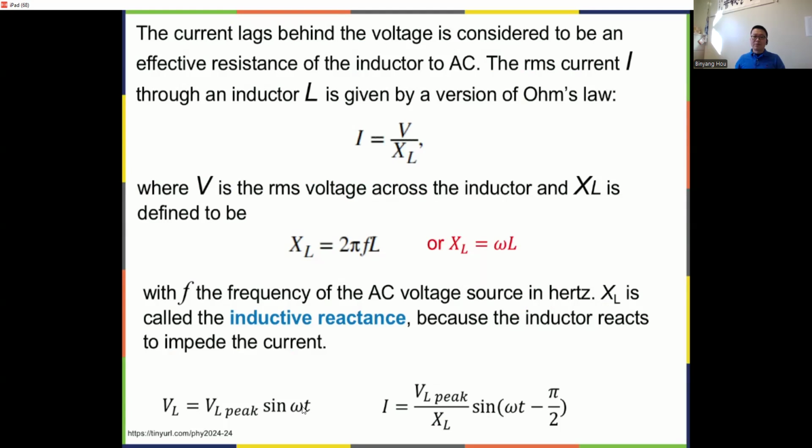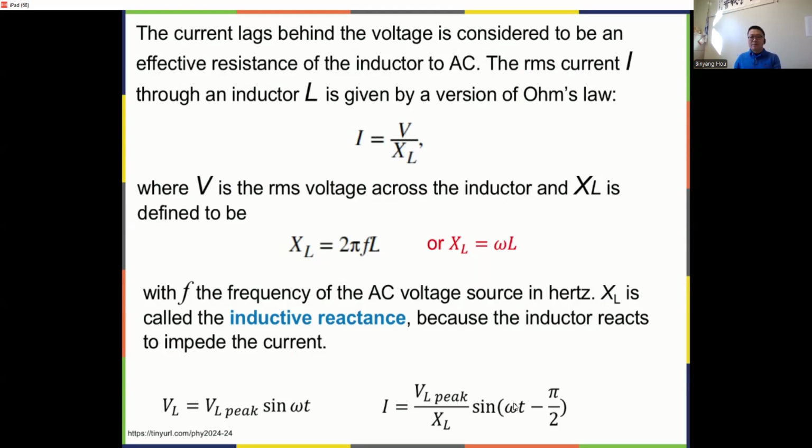If this guy peaks, that means sine of omega t is equal to 1, so omega t is 90 degrees or pi over 2, plus multiples of 2 pi.